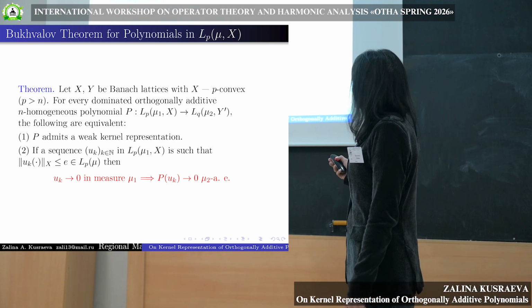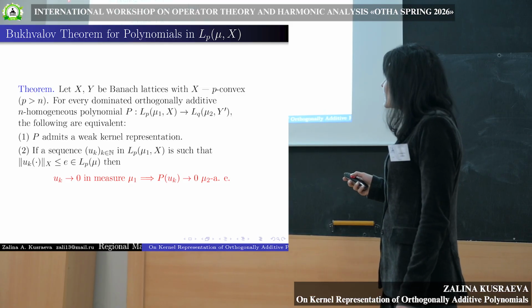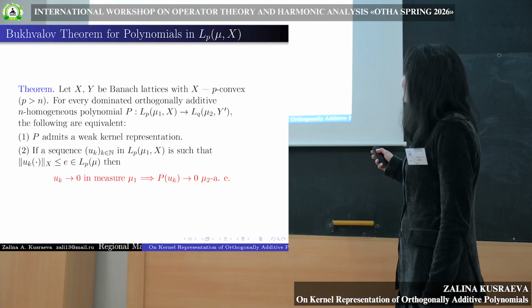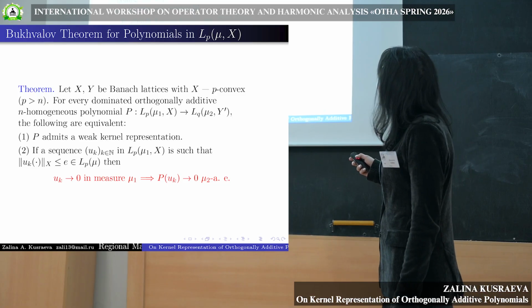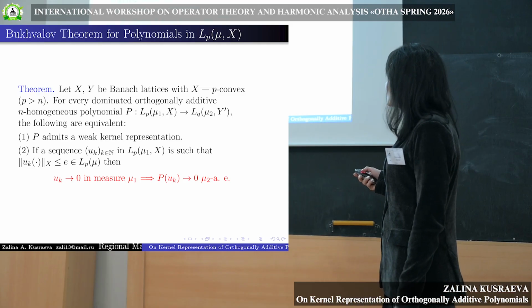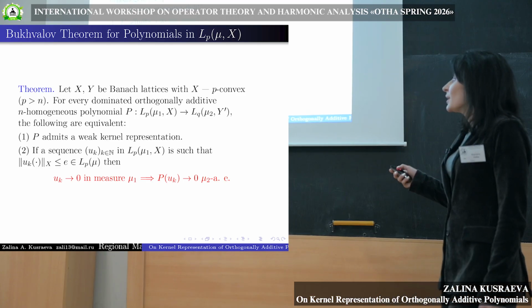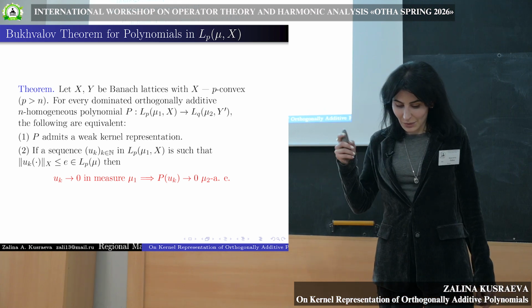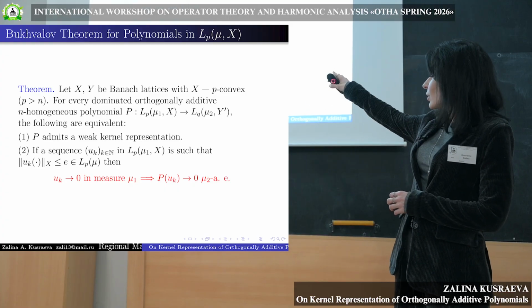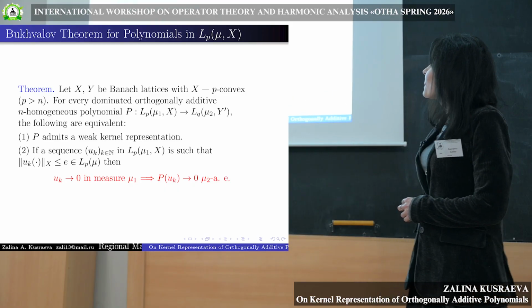Here we see that if our polynomial, as I promised, acts between Bochner L^p spaces, and it is dominated and orthogonally additive, as we already understand, then the polynomial admits weak kernel representation if and only if it has this important property. By the way, this property is called, as I didn't say before when talking about the Bukhvalov problem, that the operator or polynomial enhances the type of convergence. You can see it here.